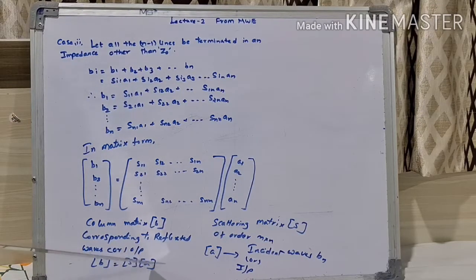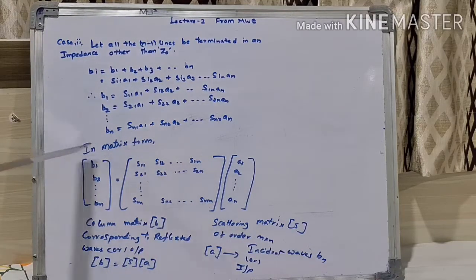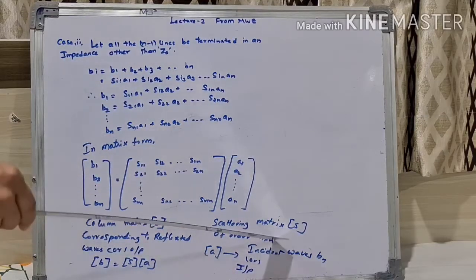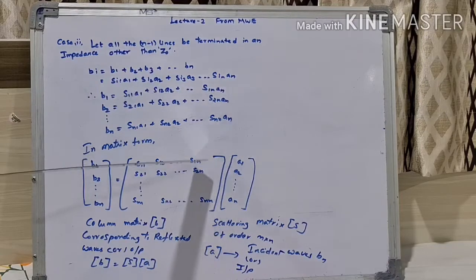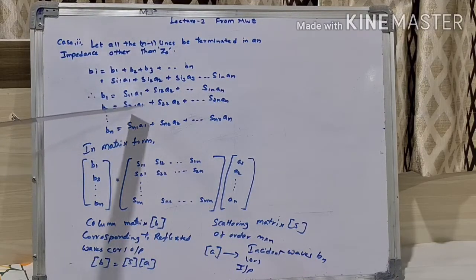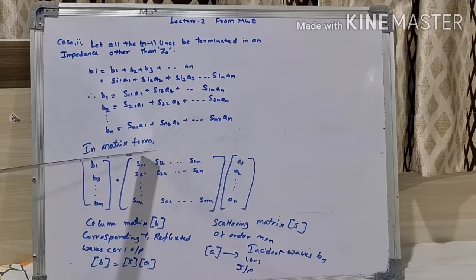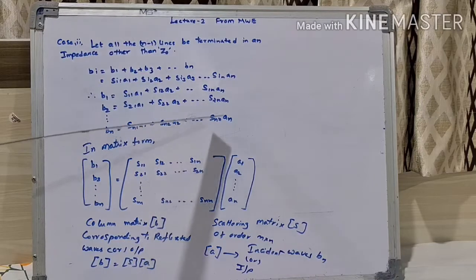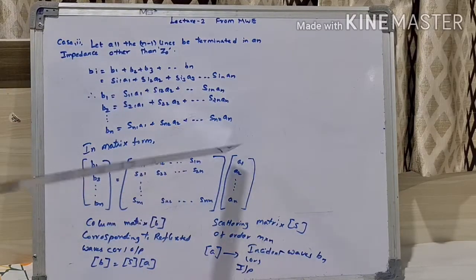The A matrix corresponds to incident waves, and this scattering matrix is of order n by n: S11, S12, S13 and so on up to S1n, then S21, S22 and so on up to S2n, and so on, Sn1, Sn2 up to Snn for the nth port. For the nth port, the output power equals the S matrix into An.